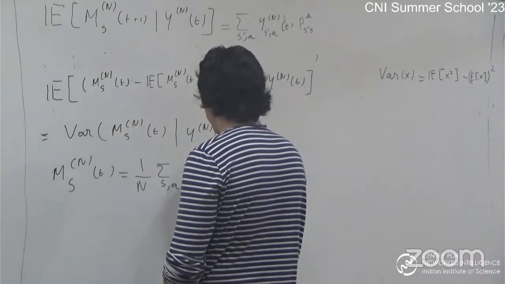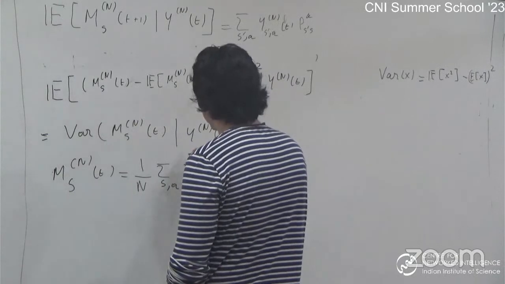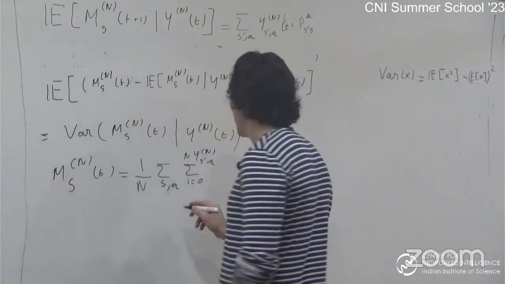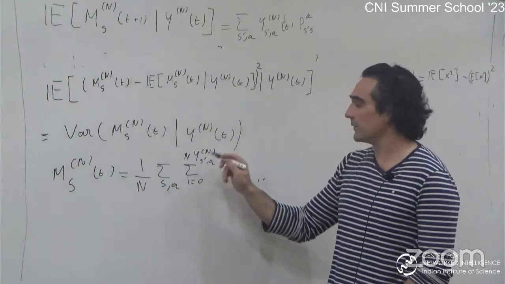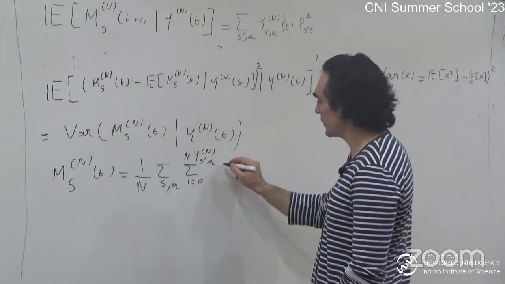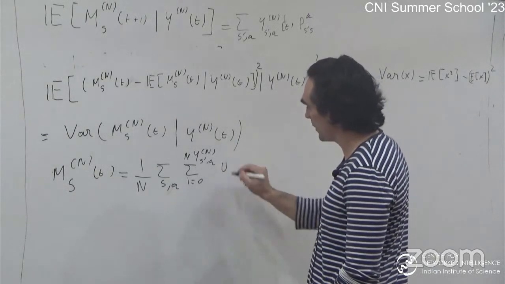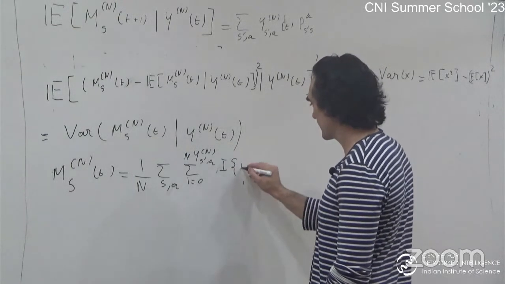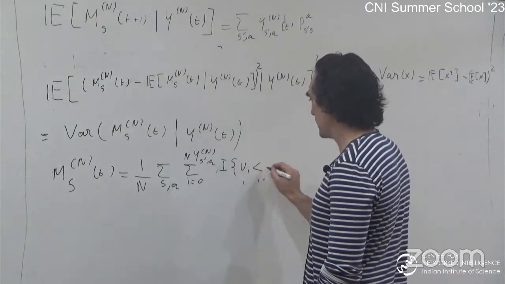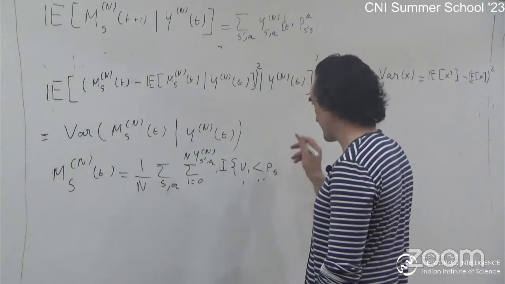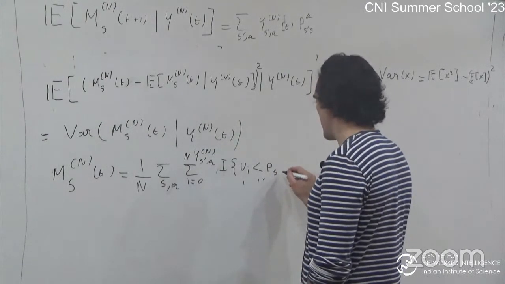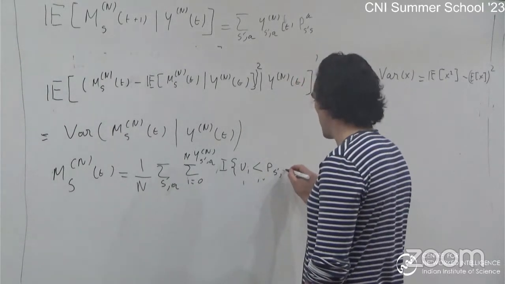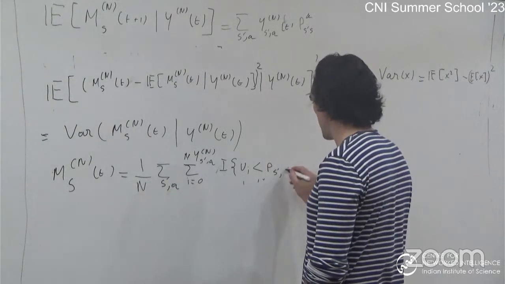So, from i equal to 0 to n, you activate n of the arcs, and the way you do it, you just draw a uniform random variable in 0, 1, where ui is smaller than p of s prime given s, a.